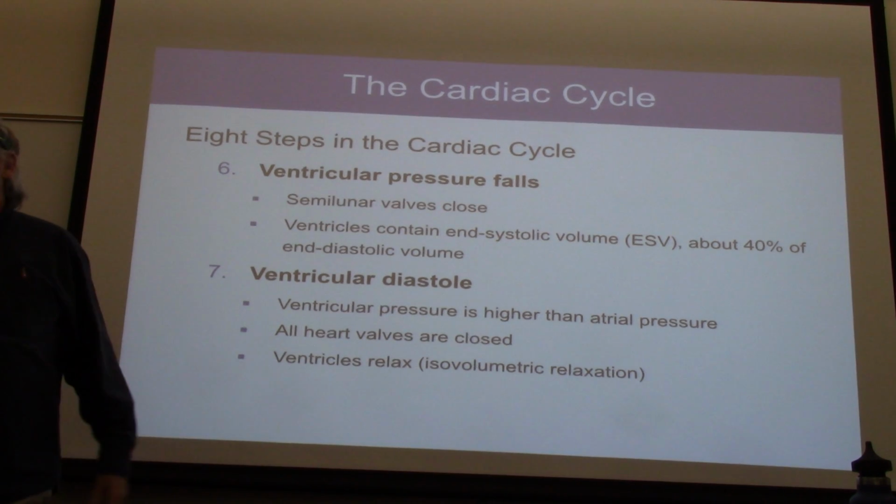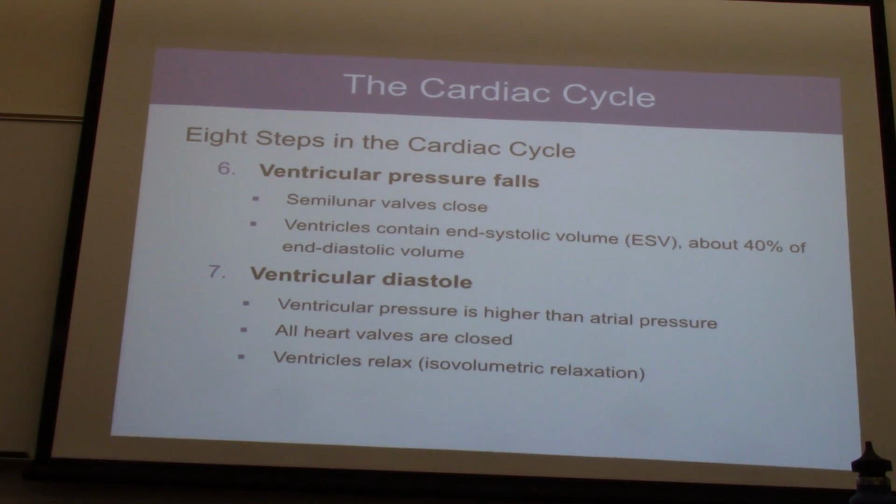And when that happens, the semilunar valves snap shut. Lub. That's a heart sound. When those valves are snapping shut, that's what you're hearing. The ventricles at that point still contain that end systolic volume, the ESV, which is about 40% of the end diastolic volume. In other words, normal ejection is about 60%. It can get a lot less than that.